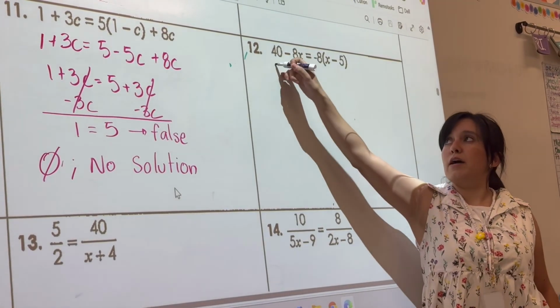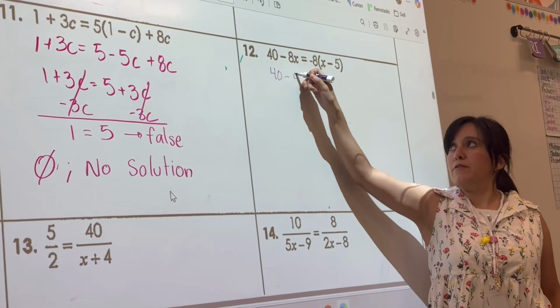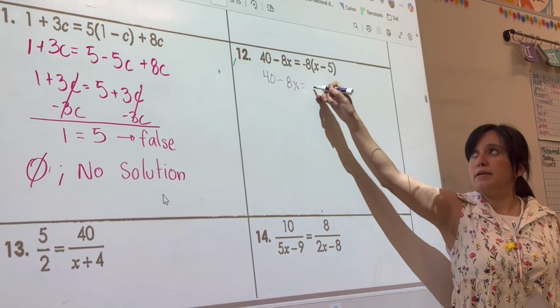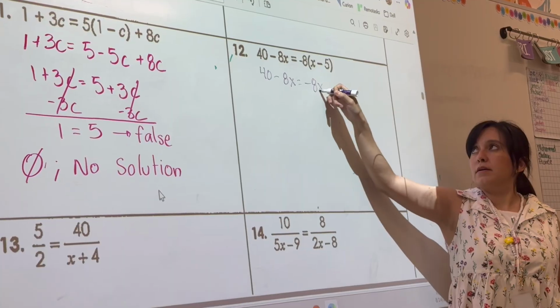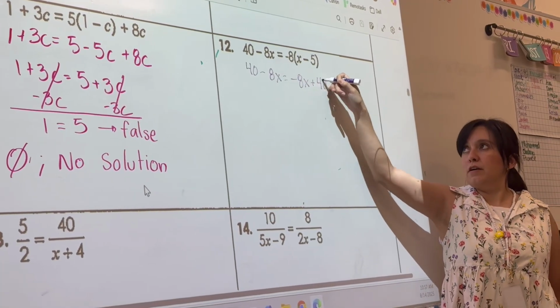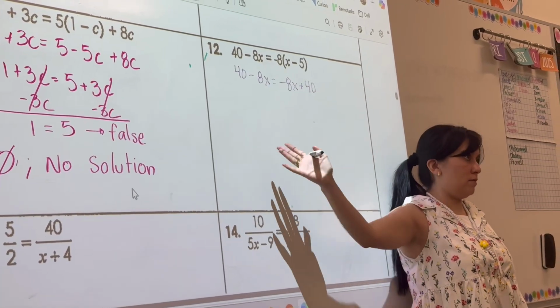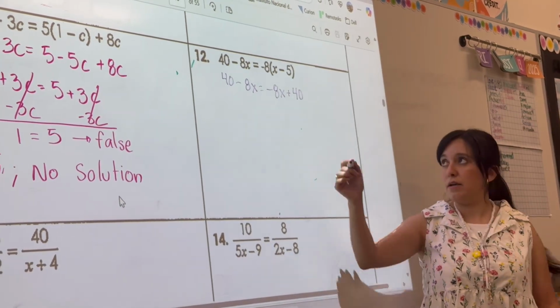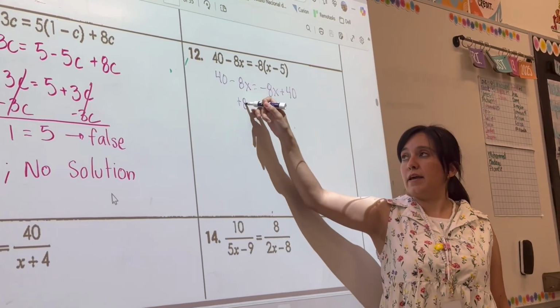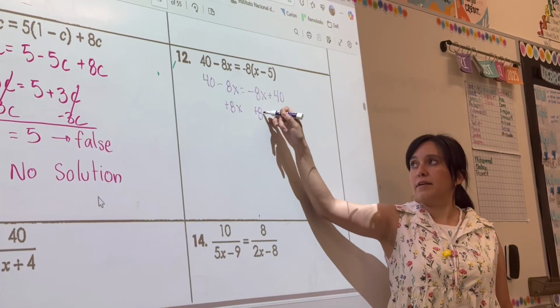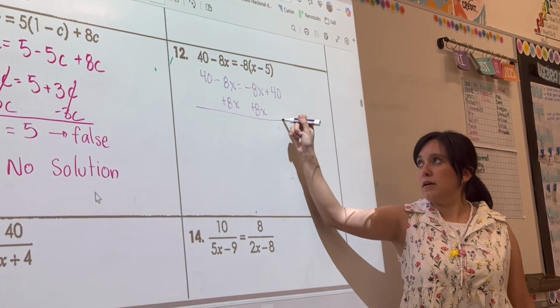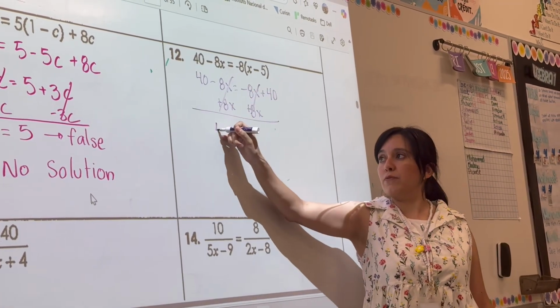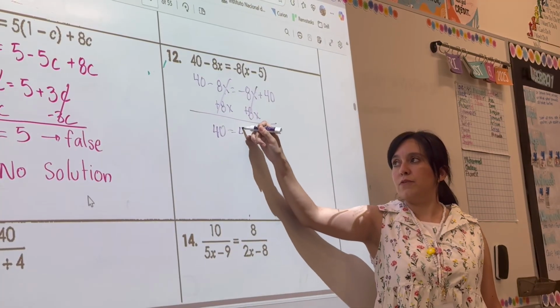In this case, we have 4e minus 8c equals minus 8c plus 4e. Do you see something here? Okay, I'm going to do the next step just for everybody to see. So plus 8c and plus 8c. Let's go with this, and we got 4e equals 4e.